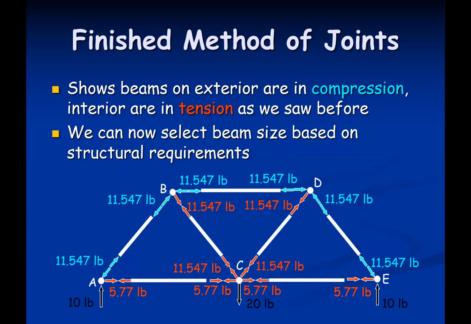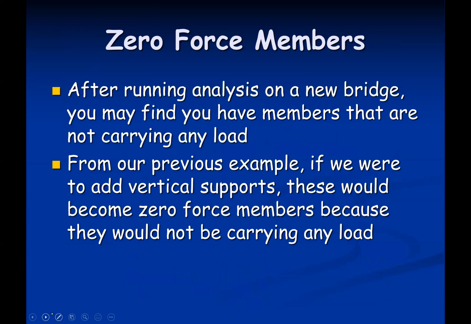So depending on the forces that that beam can withstand, that's how I would determine how big the triangles have to be, how much support I have to have there. Okay, so that's how you do your analysis.